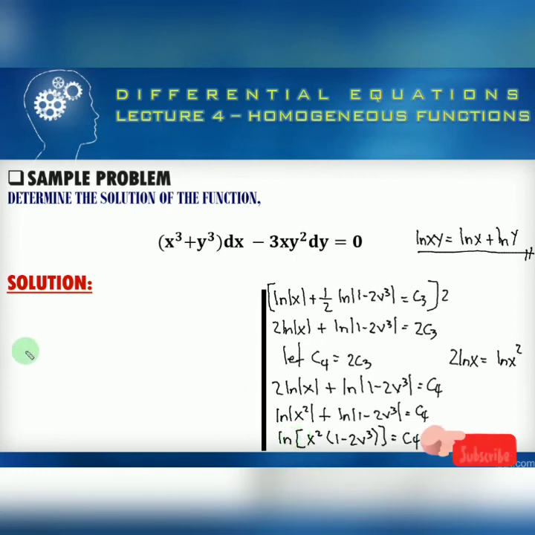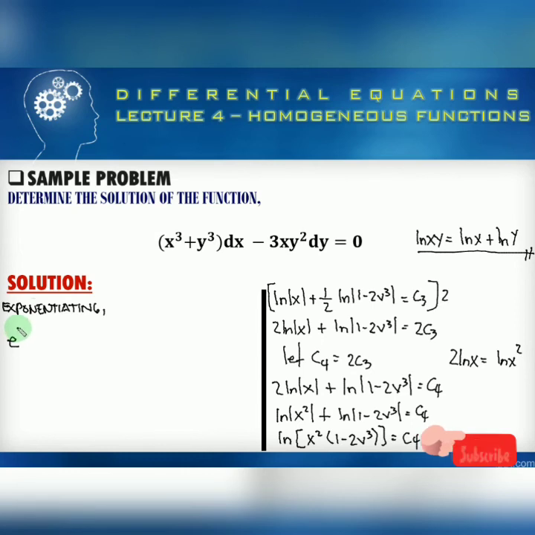Actually, we can exponentiate this one. Okay, so exponentiating, we can have e of this ln, e of that ln.